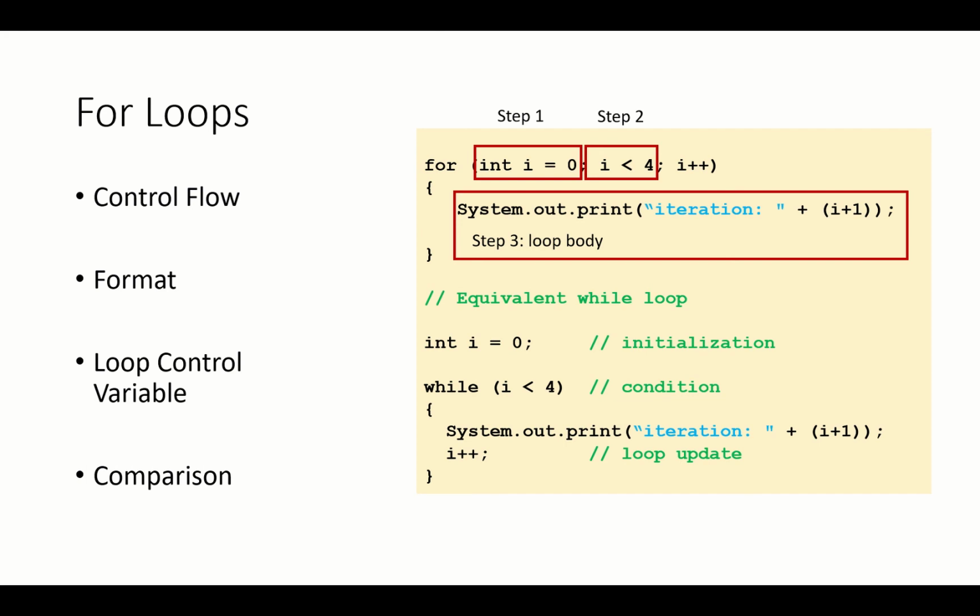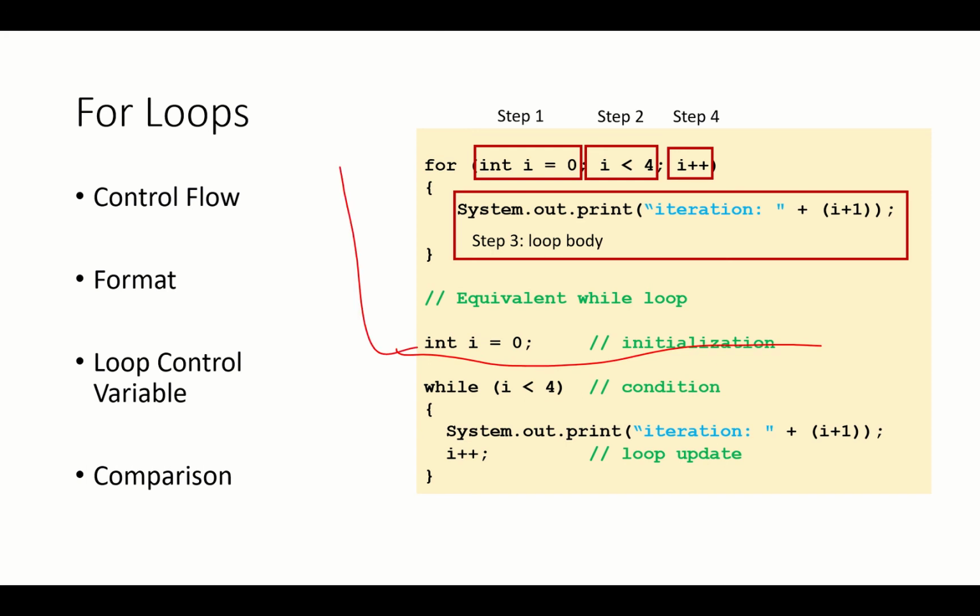Once we completely implement this loop body, you need to update this variable, which you initialized. Once you know that, it should be easy for you to replace the for loop with the while loop. In the while loop, first step, initialization.